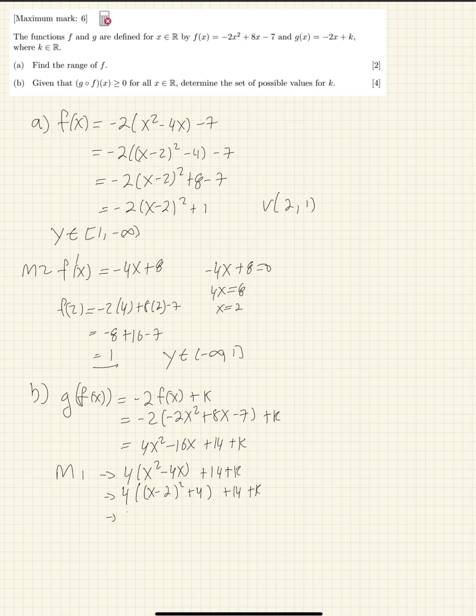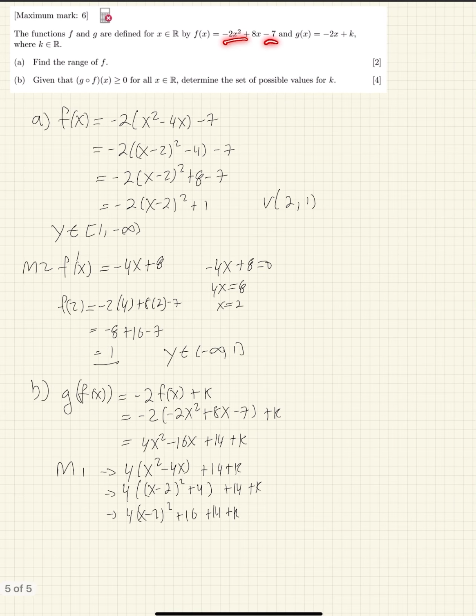So here we have 4 times (x minus 2) squared plus 16 plus 14 plus k. Is that right? Let me just check I'm not missing anything here. Minus 2 times (-2x squared minus 8x plus 7), sorry. So that's 4x squared, we're good. Minus 16x plus 14, and k is unaffected.